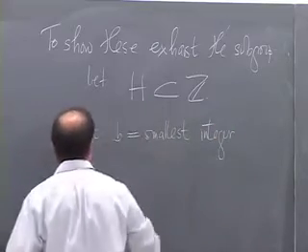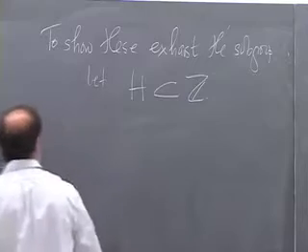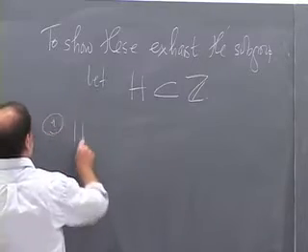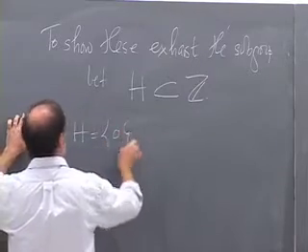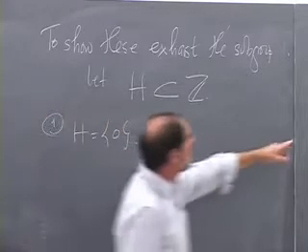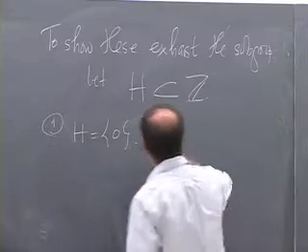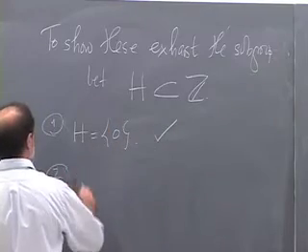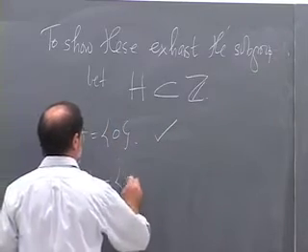Well, there are two cases. Case 1, H is equal to 0. So it's the 0 subgroup. Well, that's one of these cases with b equals 0. So that's okay. In case 2, H is not equal to the 0 group.